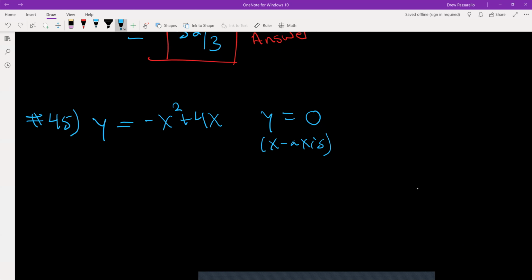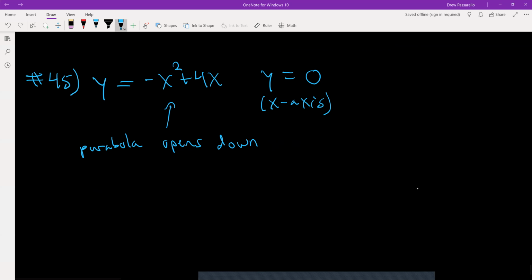So at least we know we're going to be lying above the x-axis, but also this is going to be a parabola. And it's going to be a parabola that opens down because of the negative sign on the x squared. And technically you could write it as y equals negative x squared plus 4x plus 0, and you'll have the y-intercept is 0.